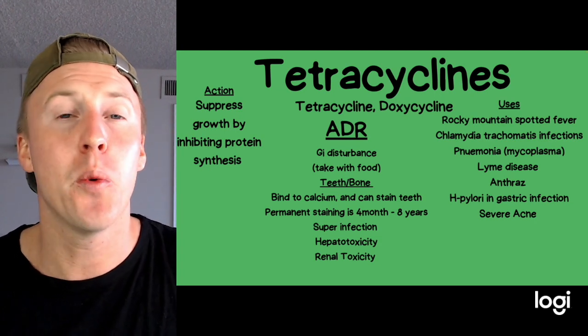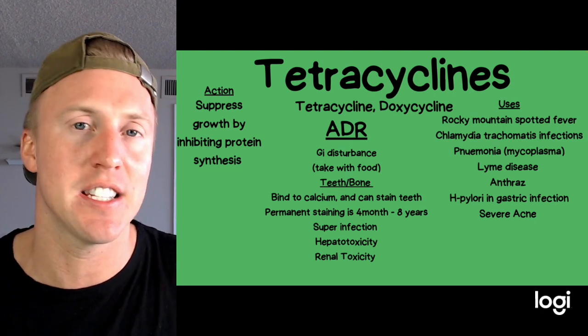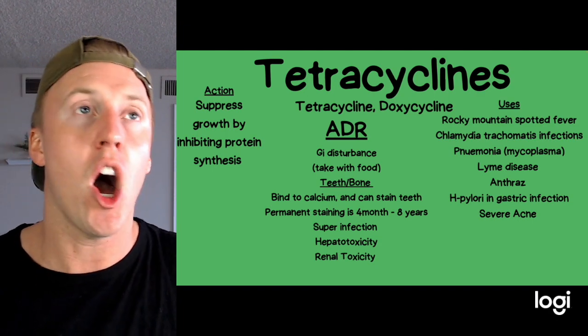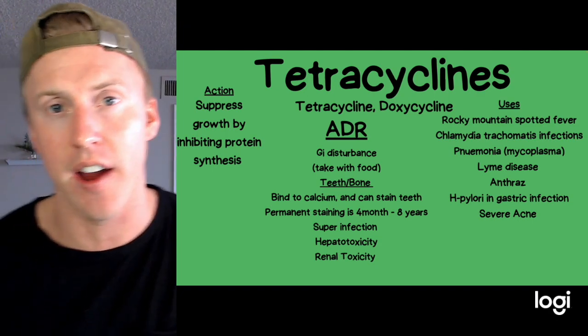A lot of times we will give multiple antibiotics to reduce the instance of resistance of H. pylori, so possibly a tetracycline with Flagyl and another antibiotic, and also giving a PPI and an H2RA as well.